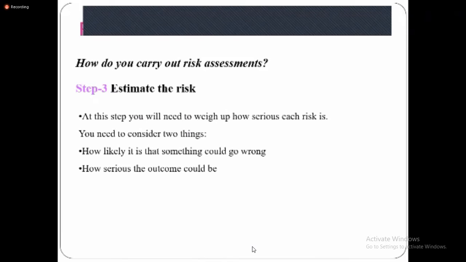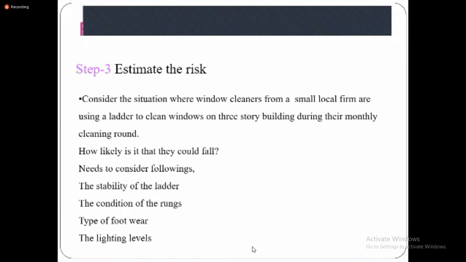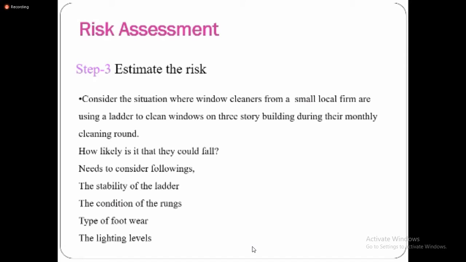Right, okay. Then that means we are going to estimate the risk. I'm just taking some examples. We are going to consider a window cleaning situation. Small firms are doing that sort of thing. They are using a ladder to clean the windows on a three-story building.